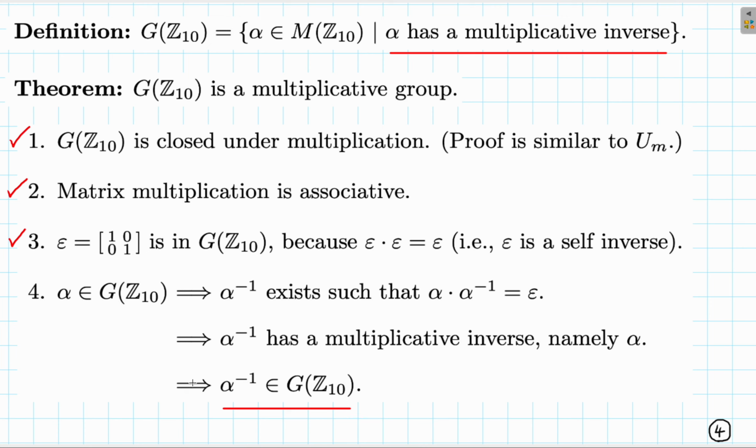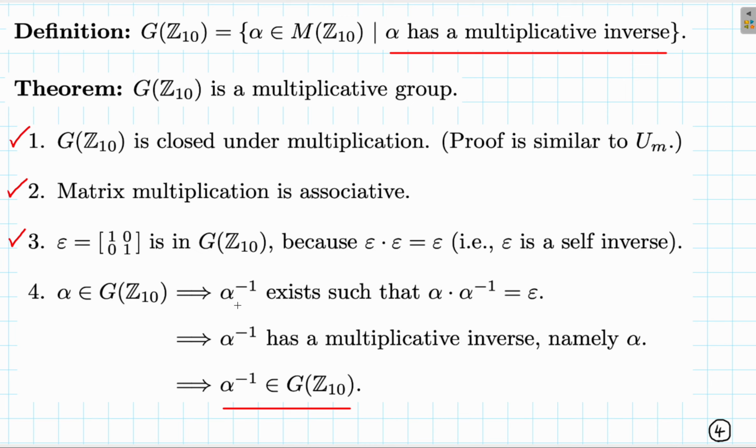It's not enough to say, well, any element of G of Z10 has a multiplicative inverse. That's the defining property. So that step tells us that alpha inverse does exist, but we have to show that alpha inverse exists in G of Z10.